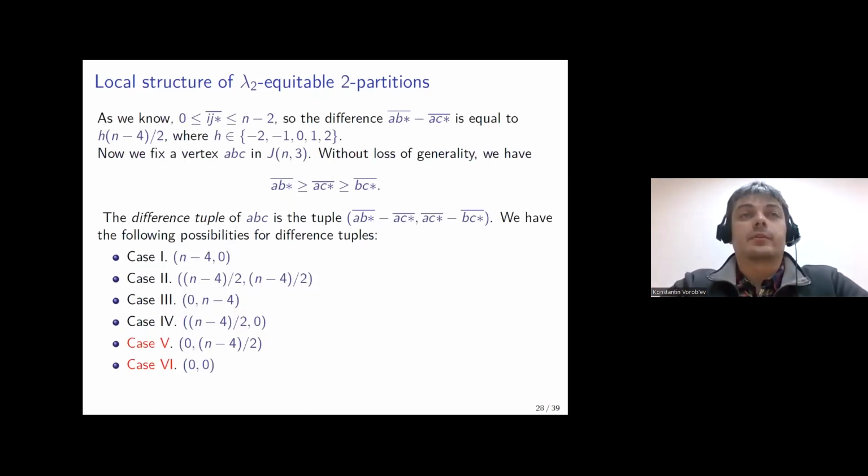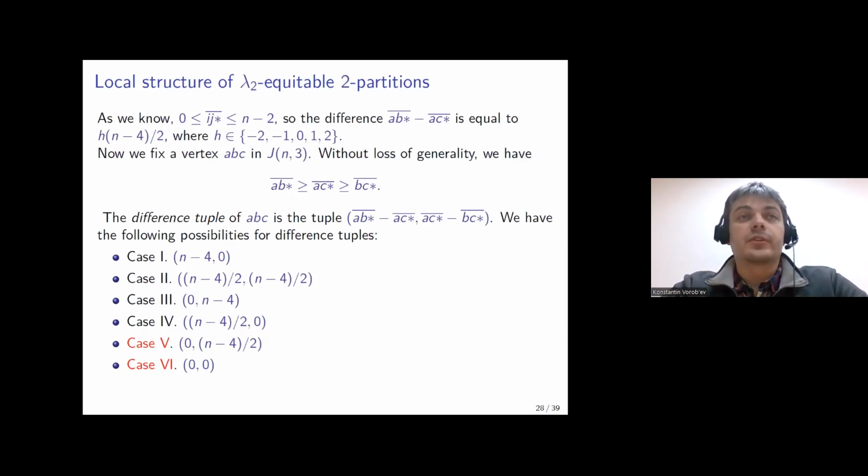We know that the size of this ij star overlined is at most n minus 2. So this difference is equal to h times (n minus 4) divided by 2 for some h from minus 2 to 2.